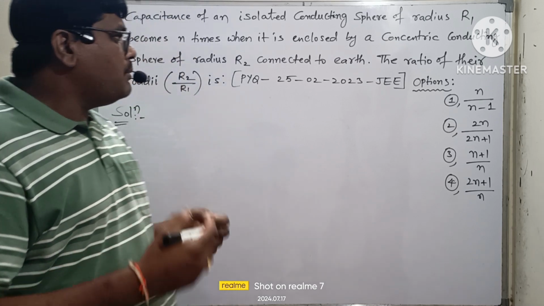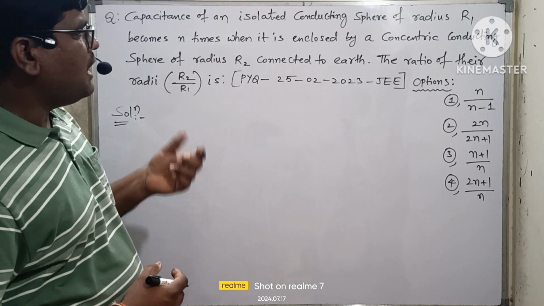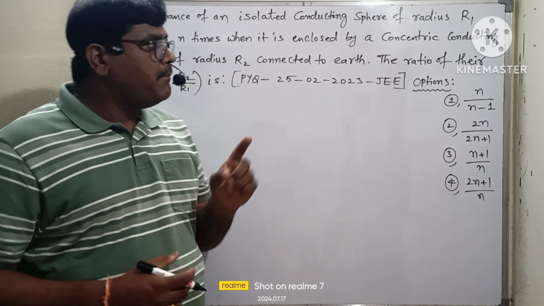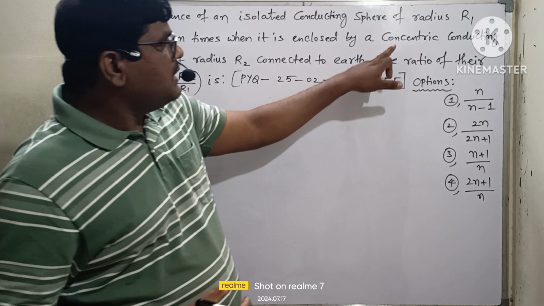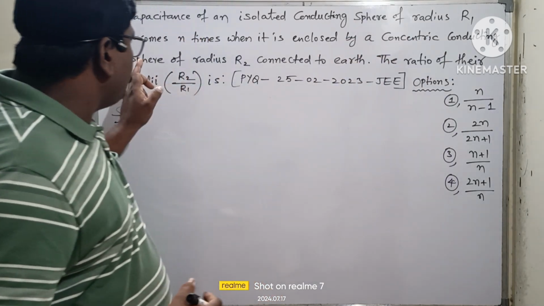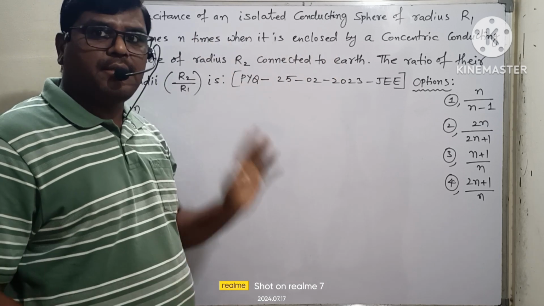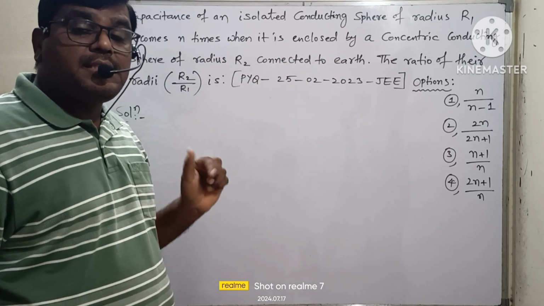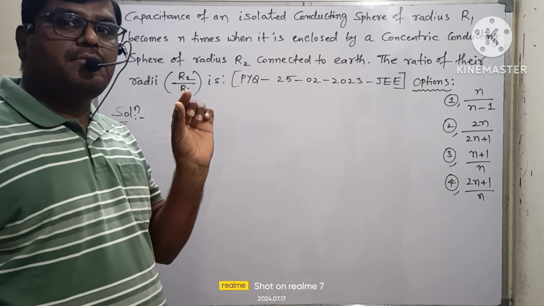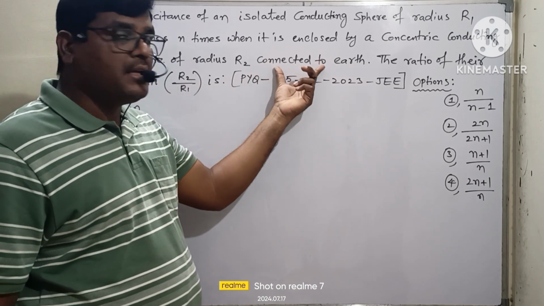Here is one more important concept. Already we have a formula, but what is given here? The concentric conducting sphere of radius R2 is connected to the earth. The second sphere is connected to the earth. We just have to understand this concept here.